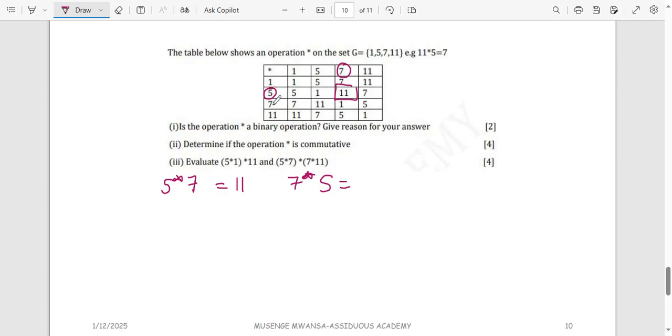If you start with 7, which is here, star 5, which is there, you can see the answer is 11. So we are going to say, since 5 star 7 is equal to 7 star 5, that means the operation star is commutative on the set G. So yes, the operation star is commutative.